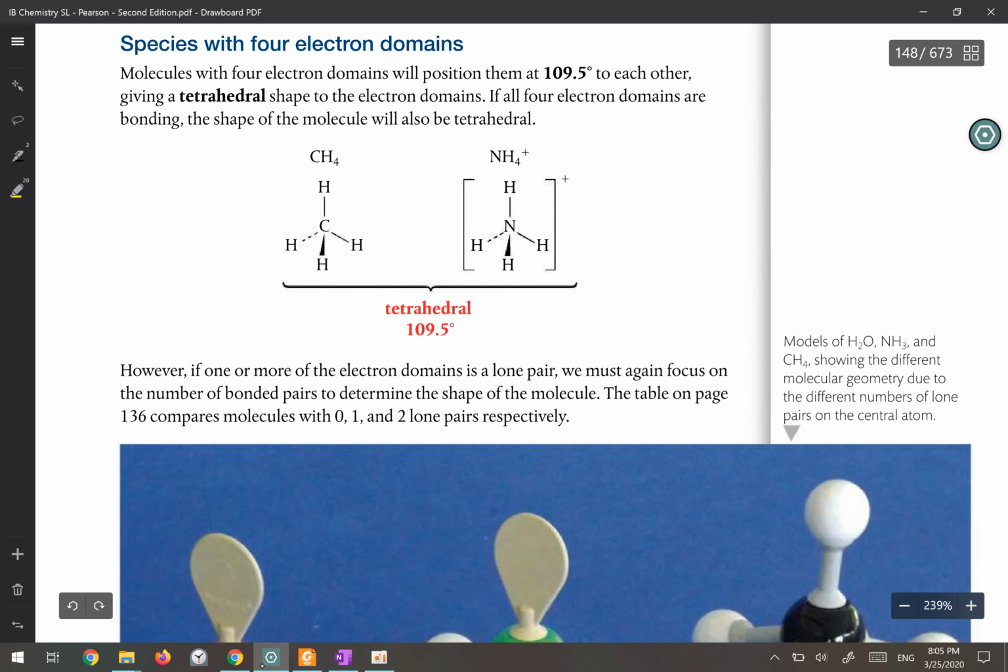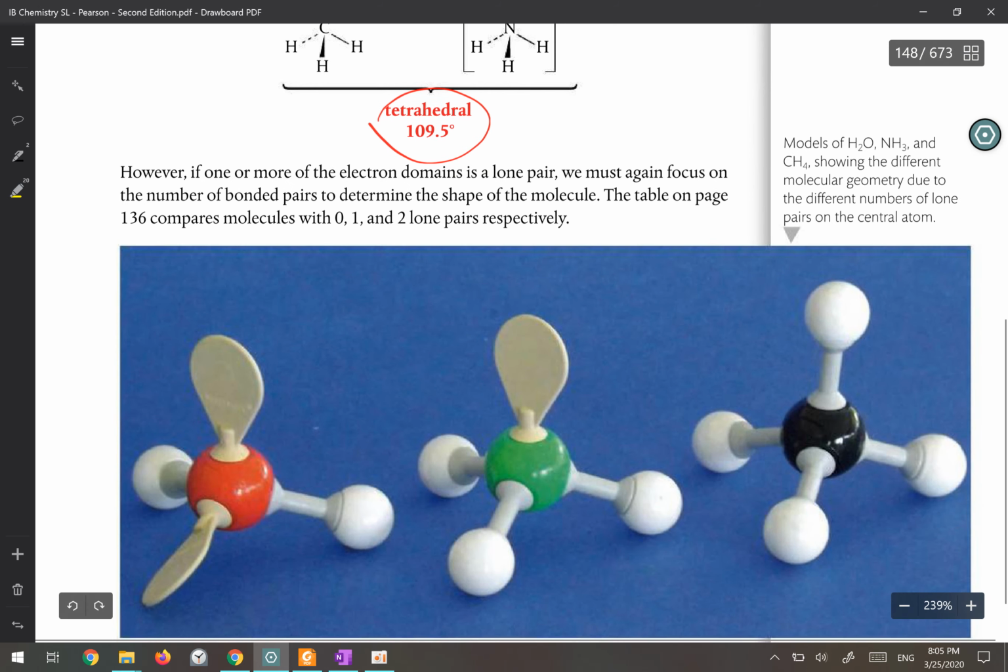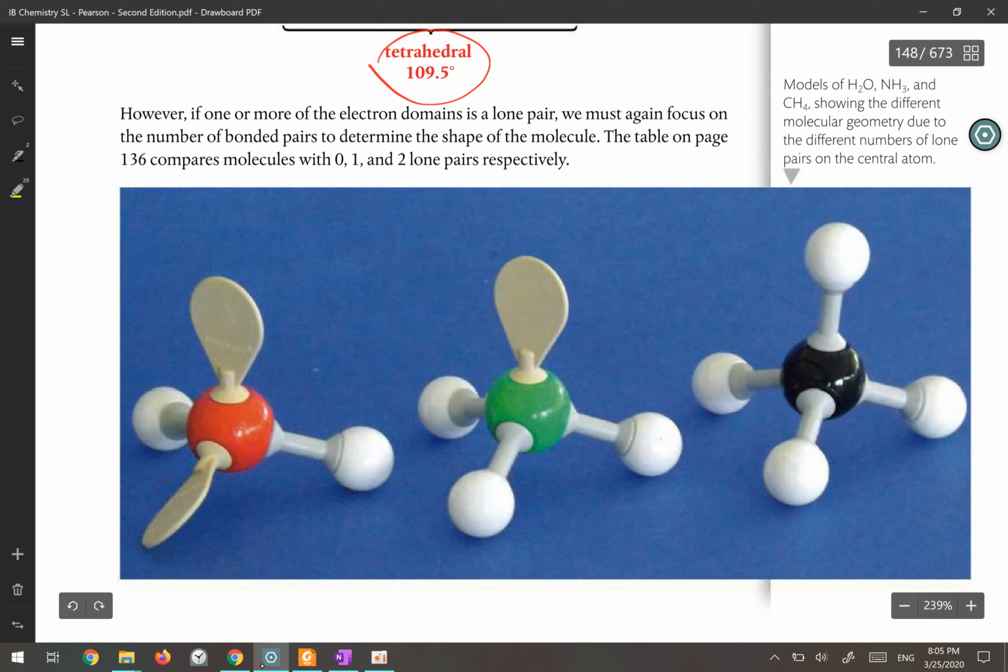For tetrahedral, the angle is 109.5, but if you have one lone pair, the angle decreases to 107. If all of them are bound, the angle is 109.5 degrees. This is because the repulsion between lone pairs and bonding pairs is more than the repulsion between the bonding pairs. And if you have two lone pairs, these two angles come closer to each other and become 105, like in water.